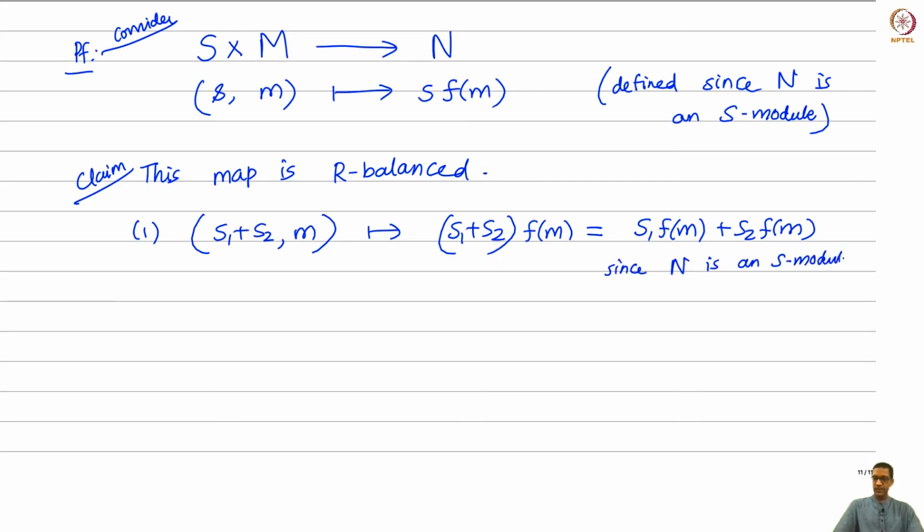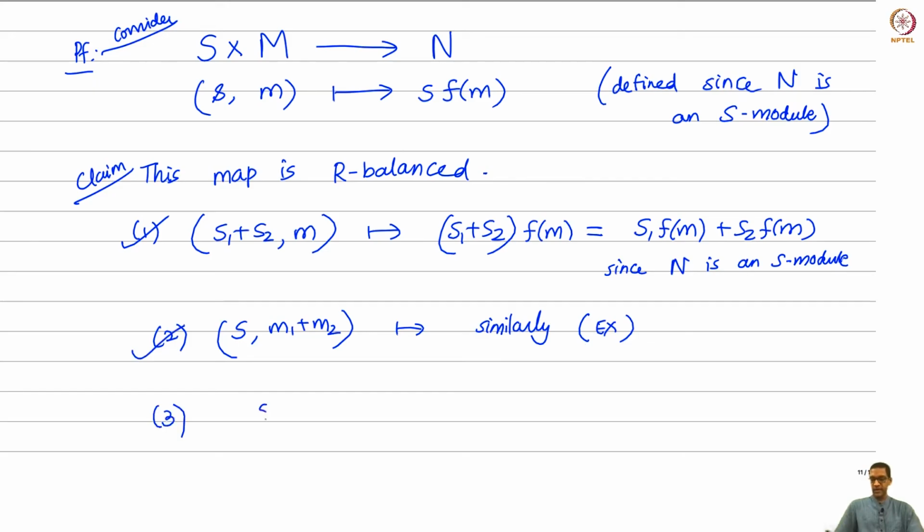And the same for (S, M1 plus M2). I'll leave that for you to check as an exercise. Let's check the third and important axiom: if I take S acted on the right by R, comma M, what does that map to?